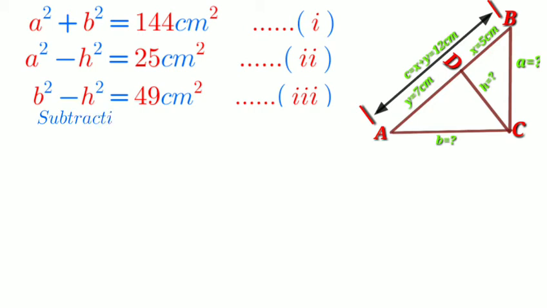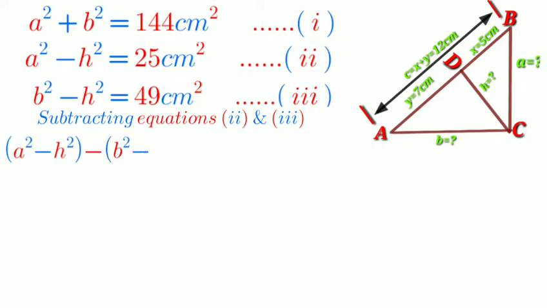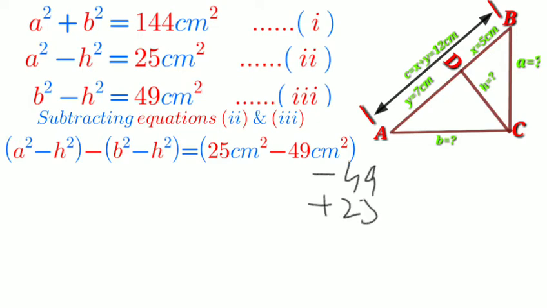On subtracting equation number 2 and 3, A square minus H square minus B square minus H square is equal to 25 square centimeter minus 49 square centimeter.